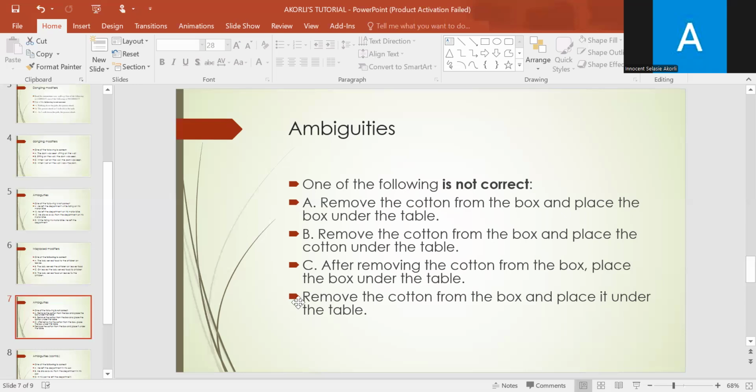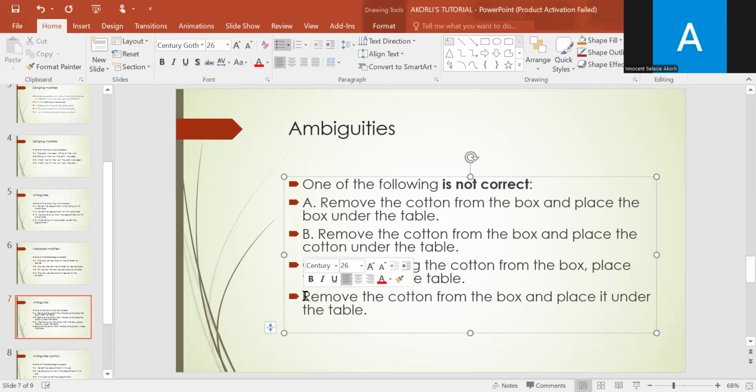This one, we said in our discussion that the pronoun "it" there may refer to either the box or the curtain, and therefore it makes the sentence ambiguous. Remove the curtain from the box and place it under the table. Naturally, it will appear as though it's a curtain which is supposed to be placed on a table. But somebody can also argue that it could be the box. That is where the ambiguity or the confusion starts from.